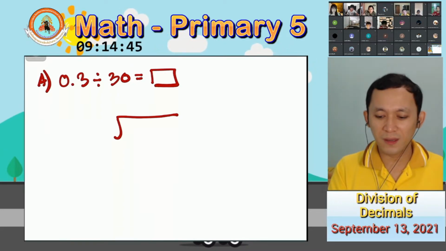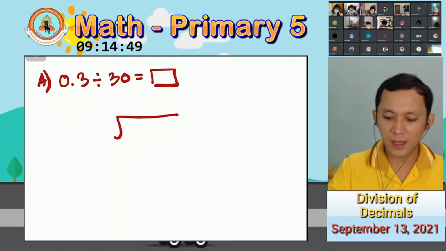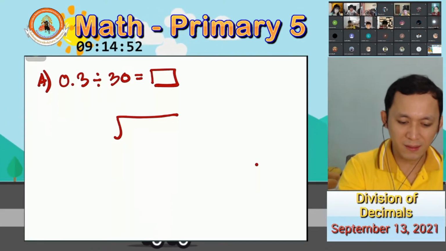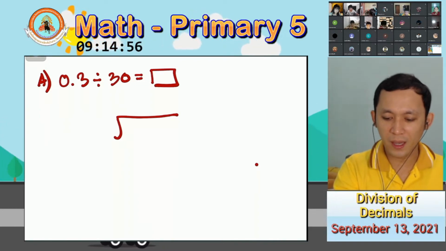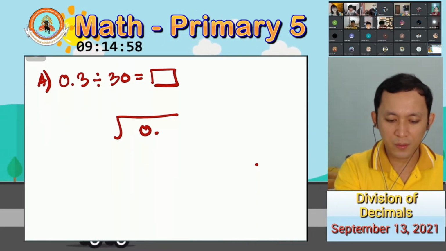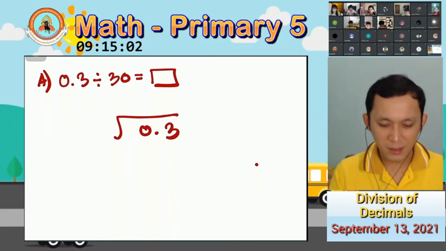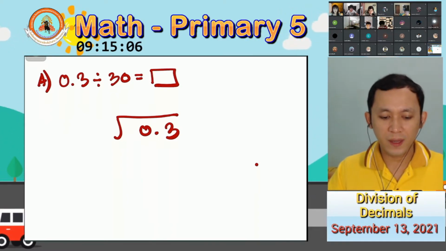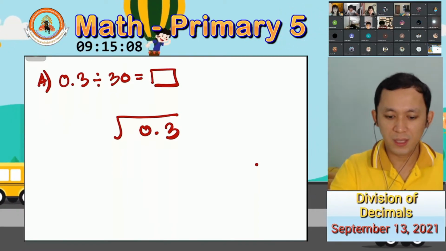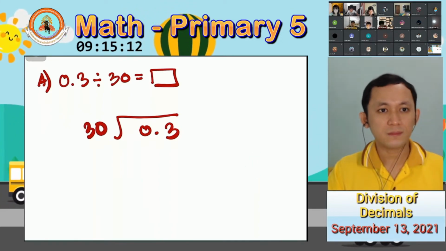So we are going to write our dividend inside, 0.3, and our divisor, that is 30, outside. Am I correct? Yes.